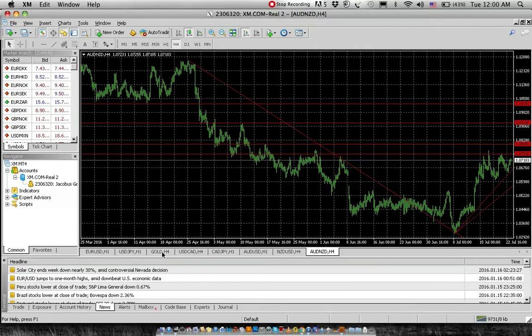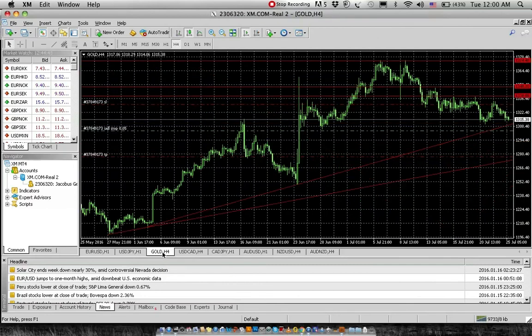Now a quick look at gold. Gold has been hovering around this level over here for the last 1 or 2 trading days, and we can see there's an inner trend line running over here and an outer trend line running over here. And I could have placed my entry order just below this level over here. However, this trend line over here might just be touched and the market might decide to bounce back north.